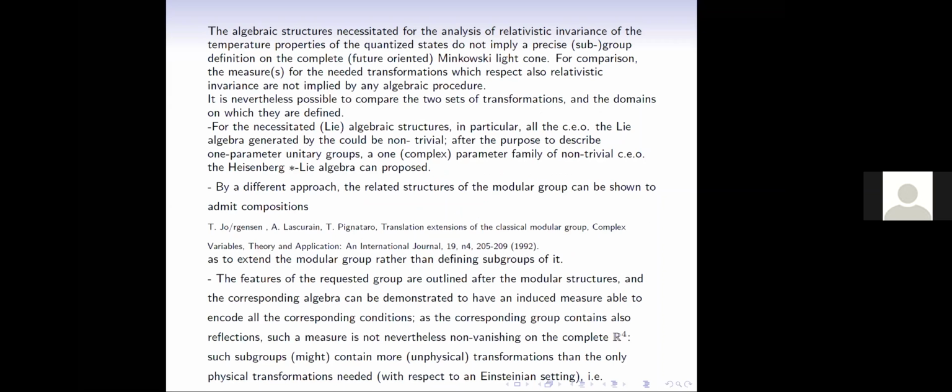The algebraic structures for the Minkowski spacetime are known, and for different kinds of spacetimes I will have some analysis.